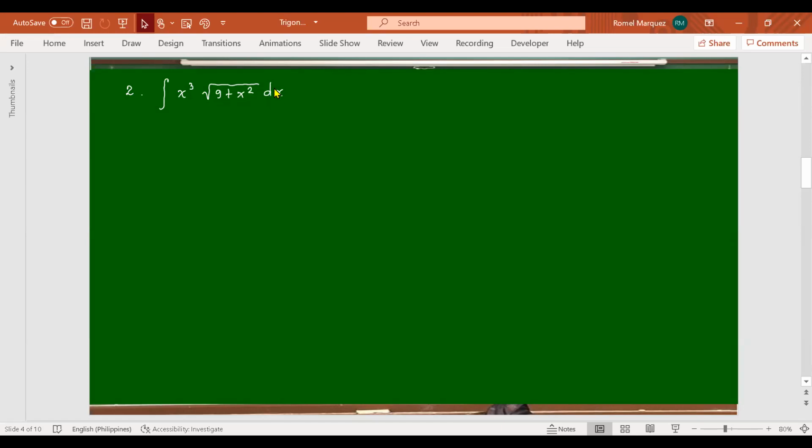By the way, there are integrals that trigonometric substitution can solve which can also be solved using algebraic substitution. So you just try which one is better.